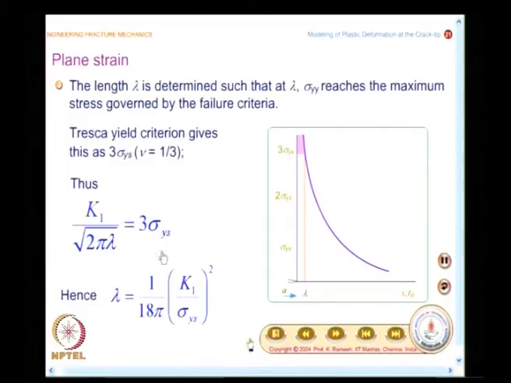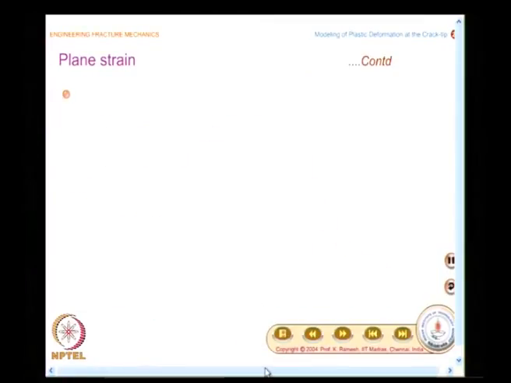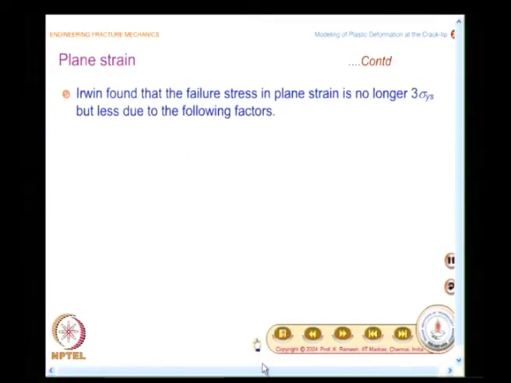When there is no blunting in plane strain, the sigma y, the maximum stress, reaches the value of 3 sigma ys, which we find is not strictly correct because of blunting. This was pointed out by Irwin. It is no longer 3 sigma ys was his argument.